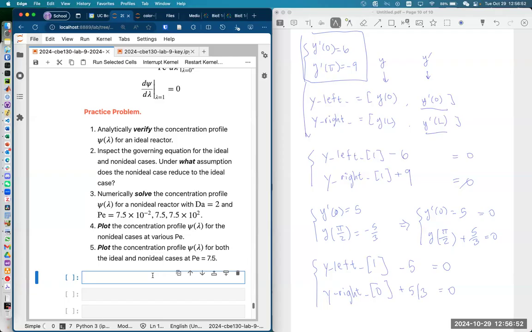That's very neat. So now I don't need to solve it.